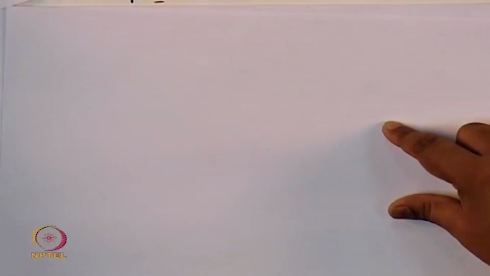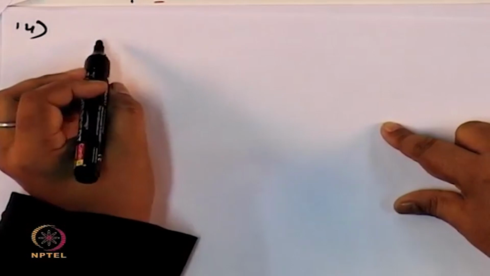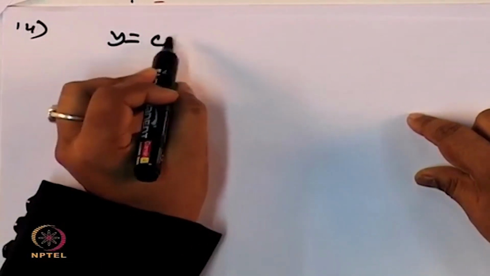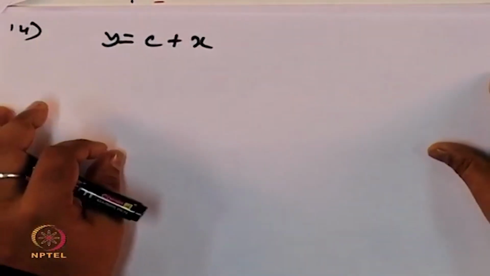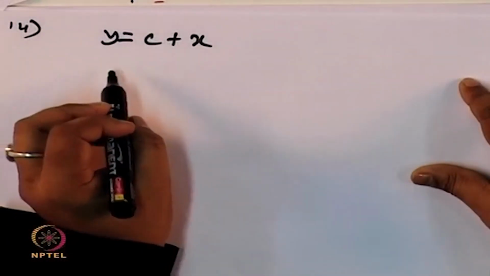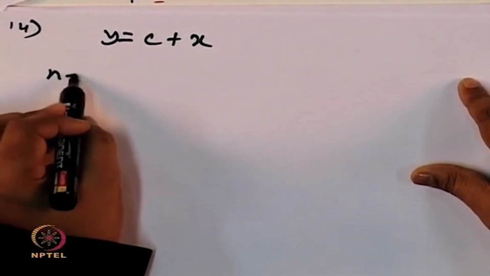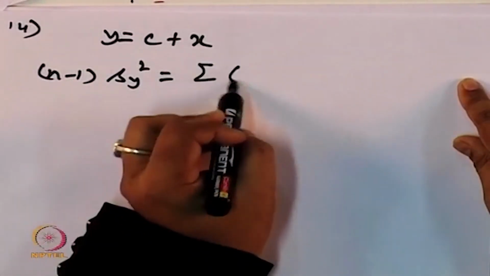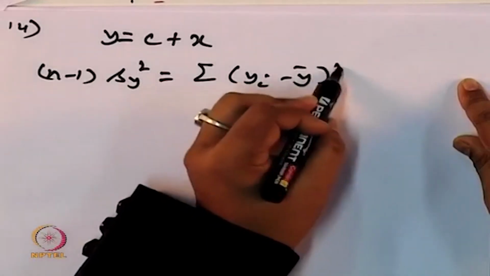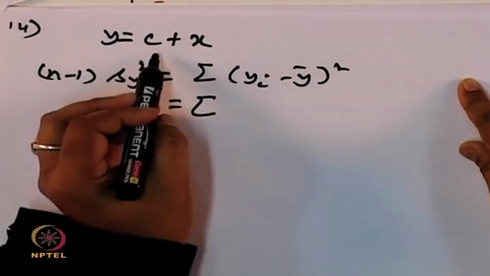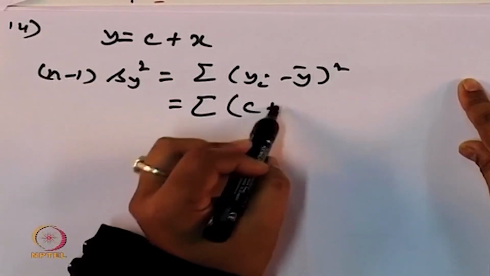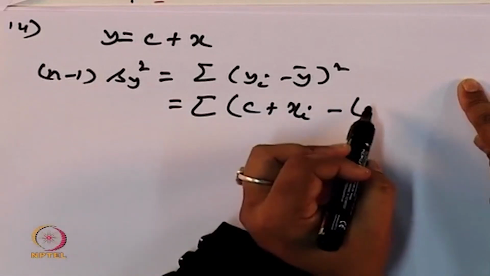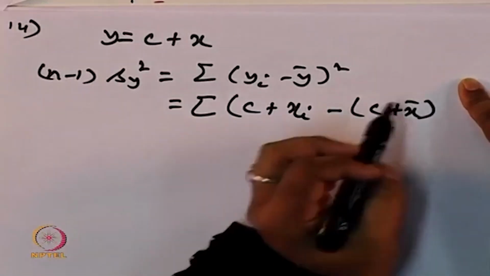For this particular case, so let us say if my y is defined by c plus x, then similarly I can write n minus 1 into sy square is equal to summation yi minus y bar whole square. But you see in this case yi is c plus xi and y bar is c plus x bar.